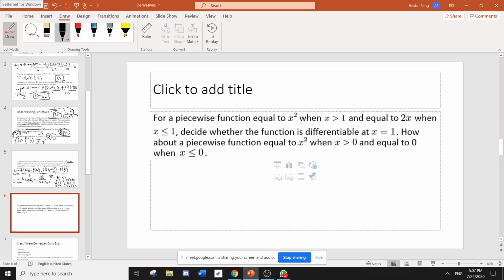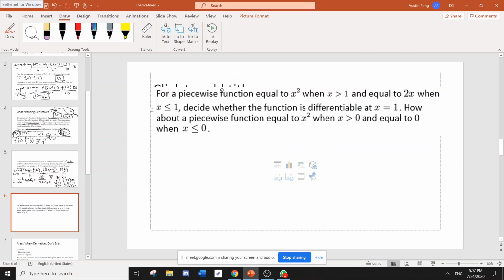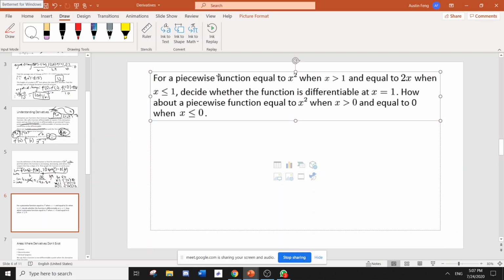So let's take a piecewise function. It's equal to x squared when x is greater than 1, and it's equal to 2x when x is less than 1. And let's decide whether the function is differentiable at x equal to 1.